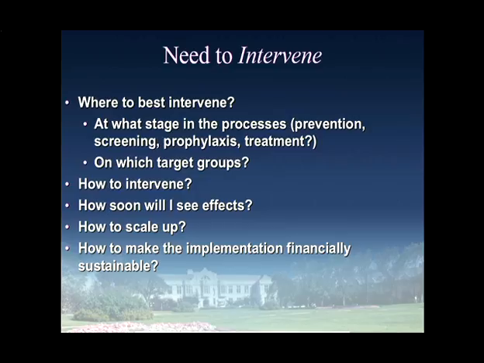If we want to ask how soon am I going to see effects from this intervention, or how could I scale it up? How could I take it from Moose Jaw and take it to Toronto, for example? If I want to engage in careful planning of that, we need to be able to reason about why we see these patterns emerging, these patterns that are not merely reducible to the pieces.